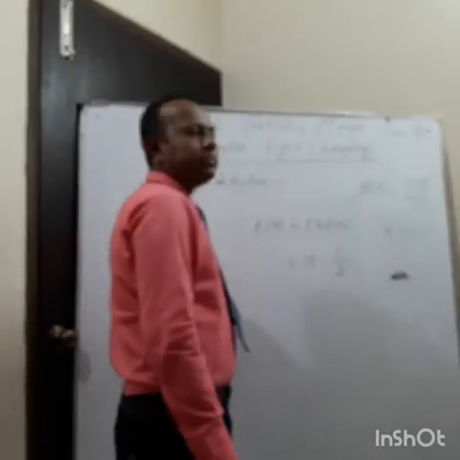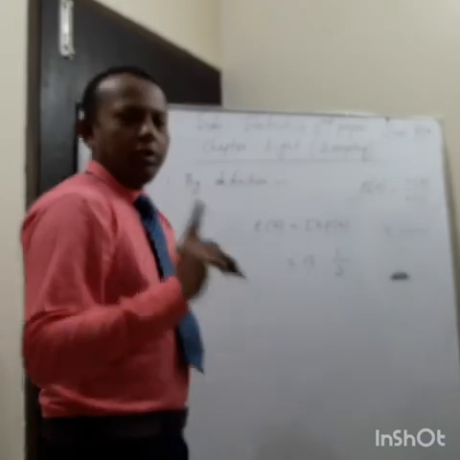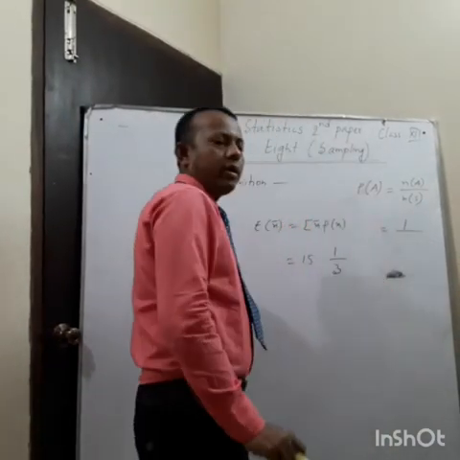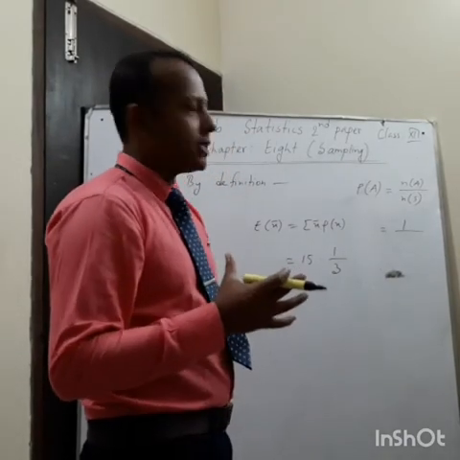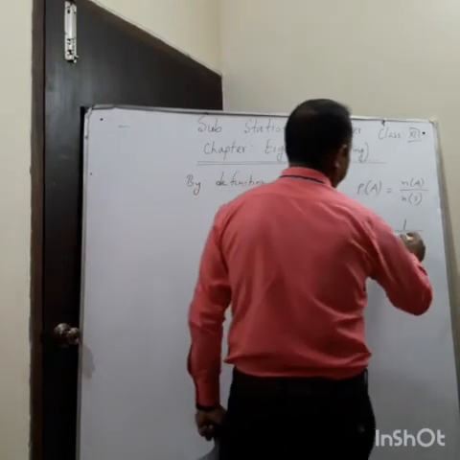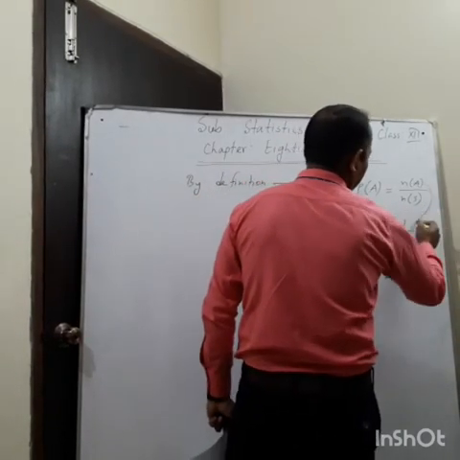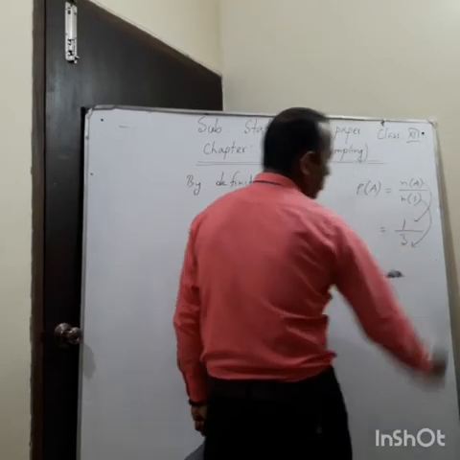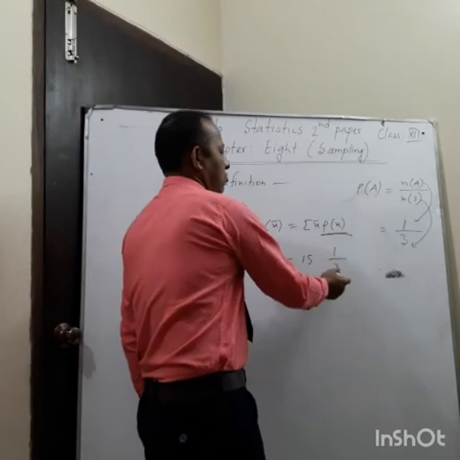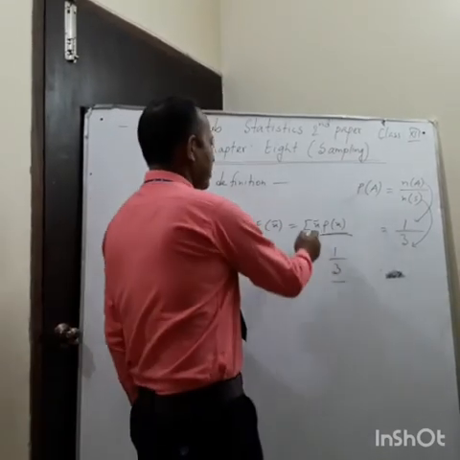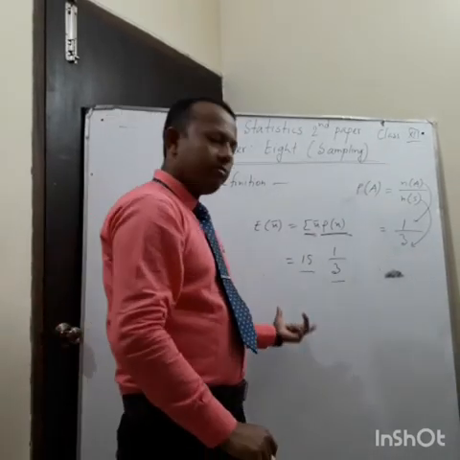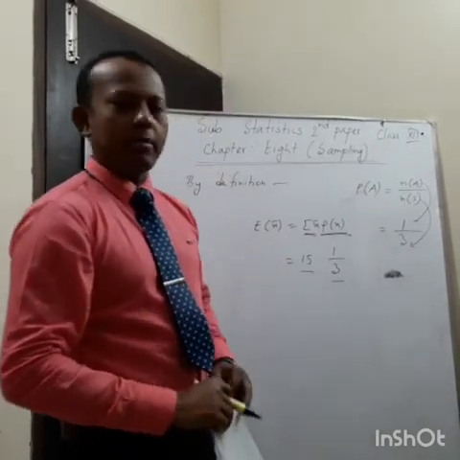Here only one sample will be collected, so n of A equal to 1, and number of all elements of the sample space, since there are only 3 samples, is 3. N of A equal to 1 and n of S is equal to 3. By this sense, probability of x bar equal to 1 by 3 and summation x bar equal to 15, which is determined by making a table.